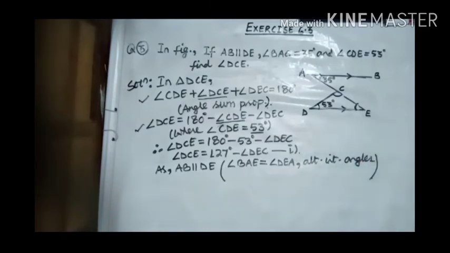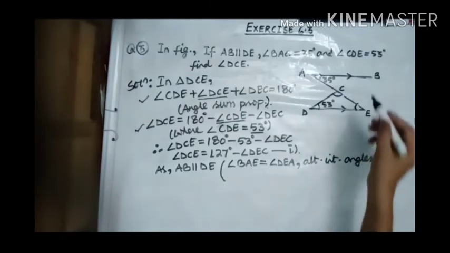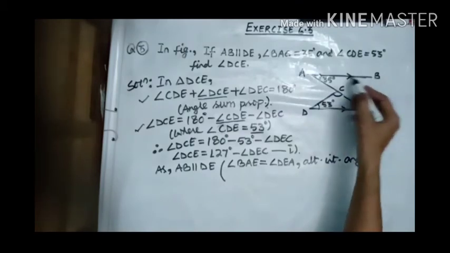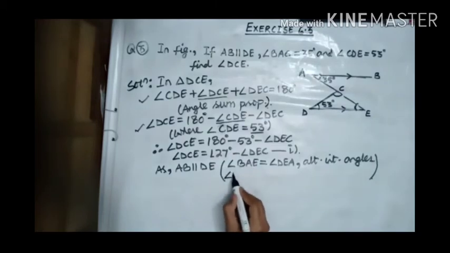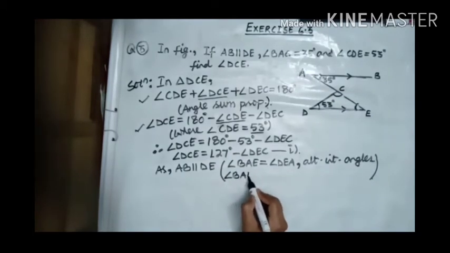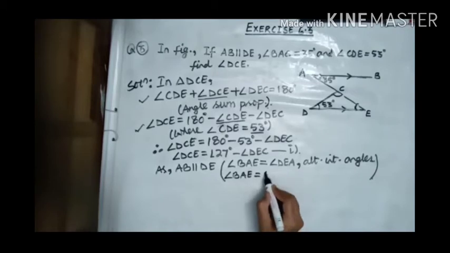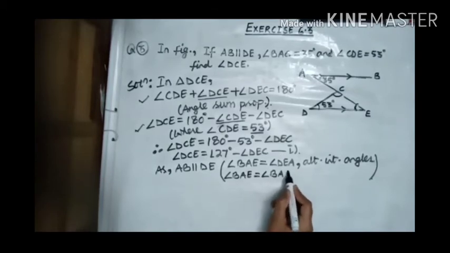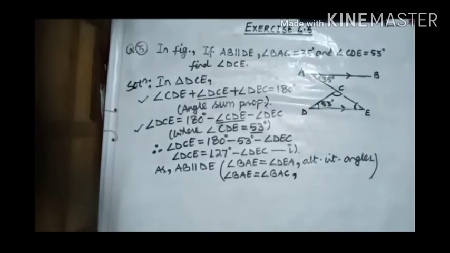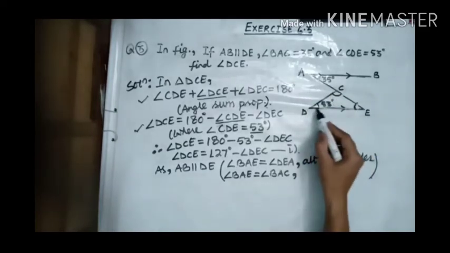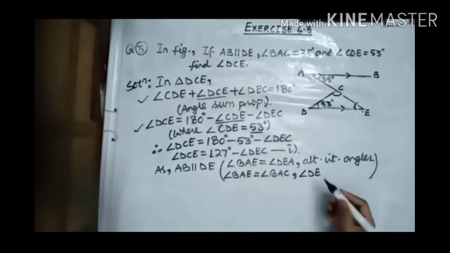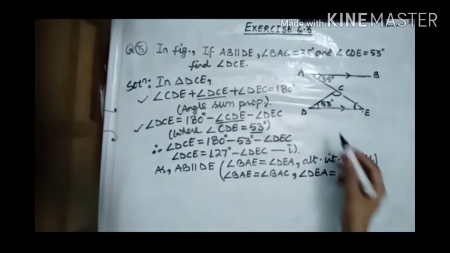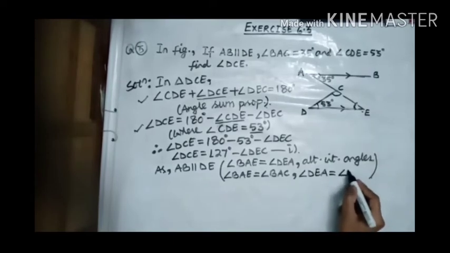This time in the figure you may observe that this angle BAE is the same as angle BAC. So angle BAE we may write as equal to angle BAC. Similarly, angle DEA is the same as angle DEC. So in place of DEA we use angle DEC.